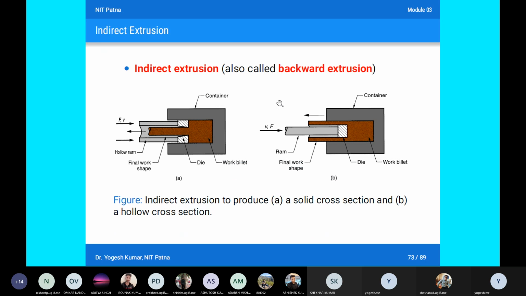Now we come to the indirect extrusion type processes. Here you have to visualize what is the difference between direct extrusion and indirect extrusion.